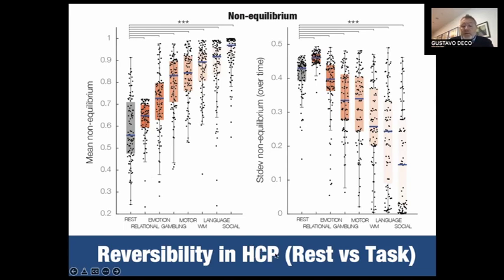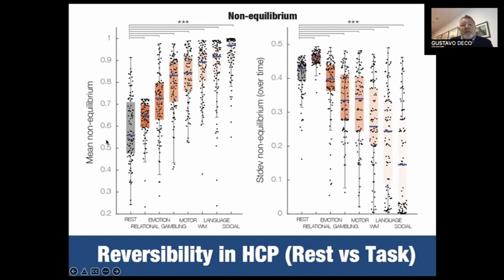data associated with the resting condition and the 7 different cognitive tasks that they measure. As you know, it's BOLD fMRI signals, large sets of subjects, over 1,000 people. And what you see here, for all these conditions and all the different subjects, is the level of non-equilibrium, the level of non-reversibility.